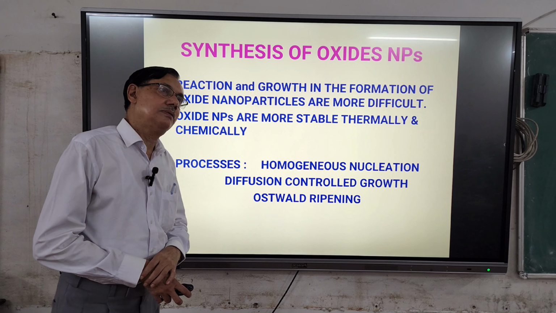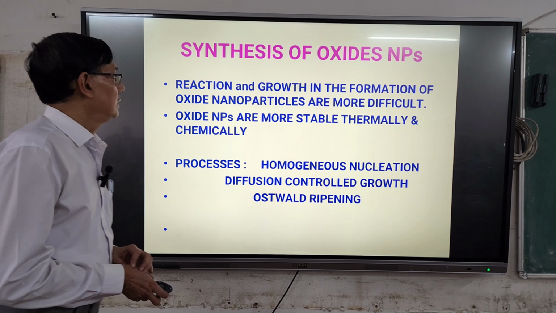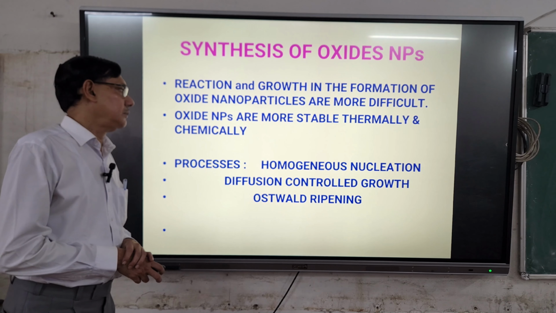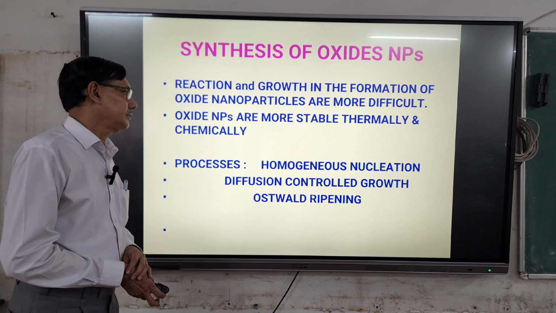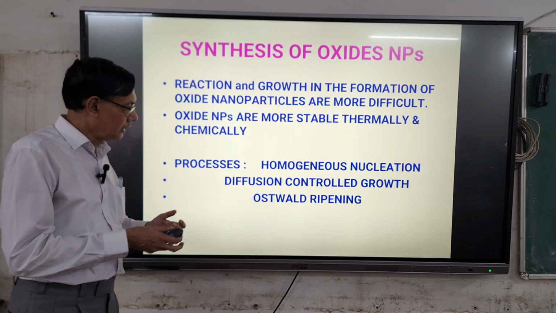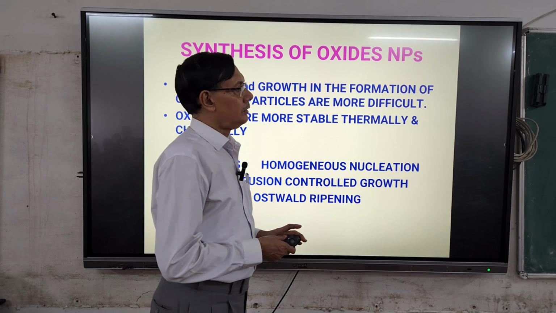Oxide nanoparticles are very simple, but synthesis is more difficult, and the theory is exactly the same. First there is homogeneous nucleation, then growth and Ostwald ripening, same thing. But there are some simple methods, and the most common method I will explain is called the sol gel method.